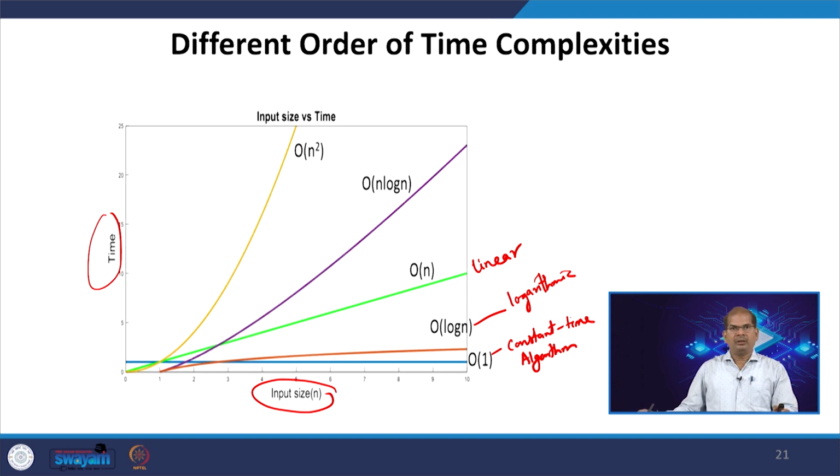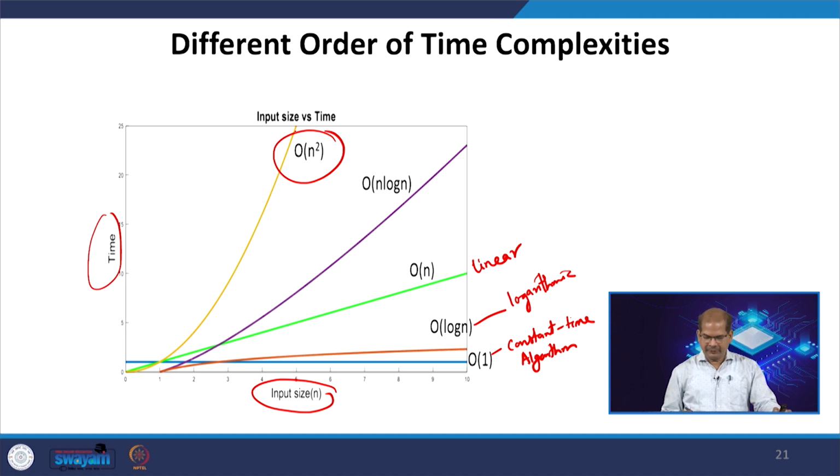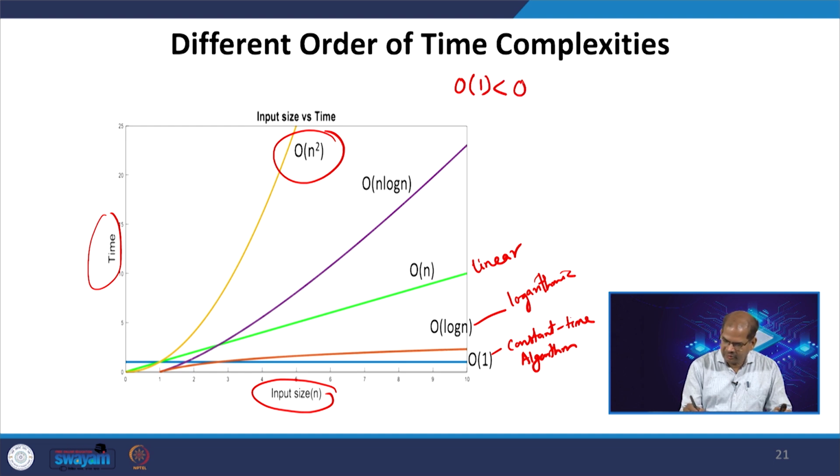Then you have big O of n square, or order of n square, which is quadratic time complexity. So, we have big O of 1, which takes very little time, then order of log n, then order of n, then order of n log n, then order of n square.